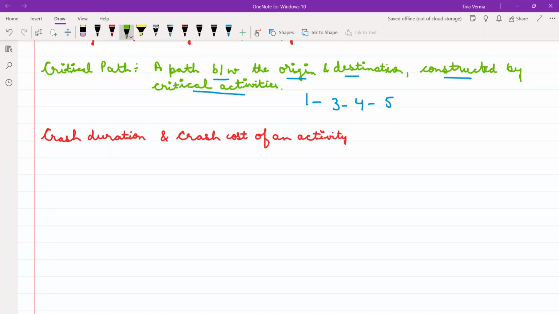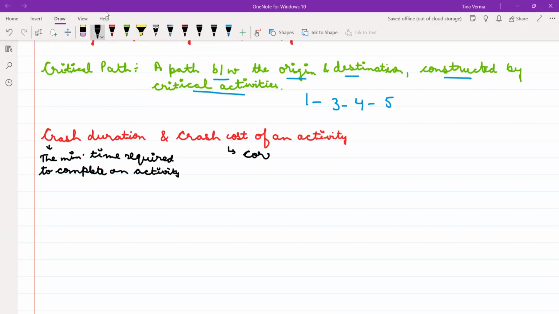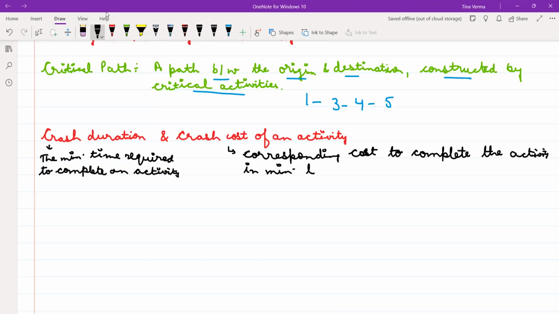Crash duration is the minimum time required to complete an activity, and the corresponding cost to complete the activity in minimum time is your crash cost. Is it clear?